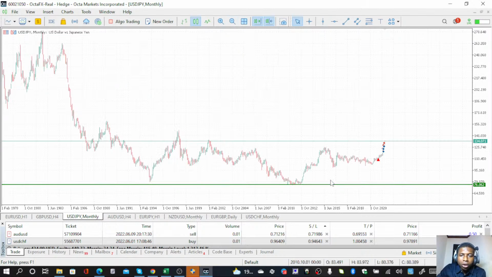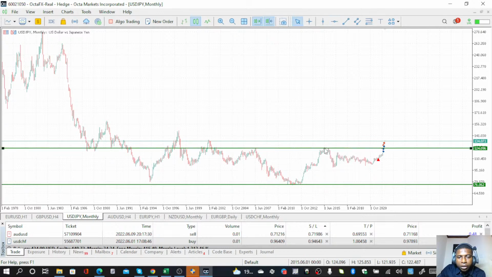On the monthly time frame, the price has been ranging at this level. However, there seems to be some kind of pattern. Do you observe this? So I'm drawing the trend line around those.